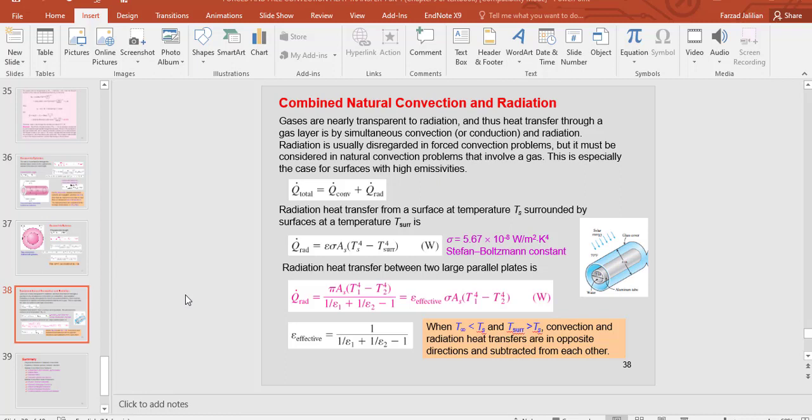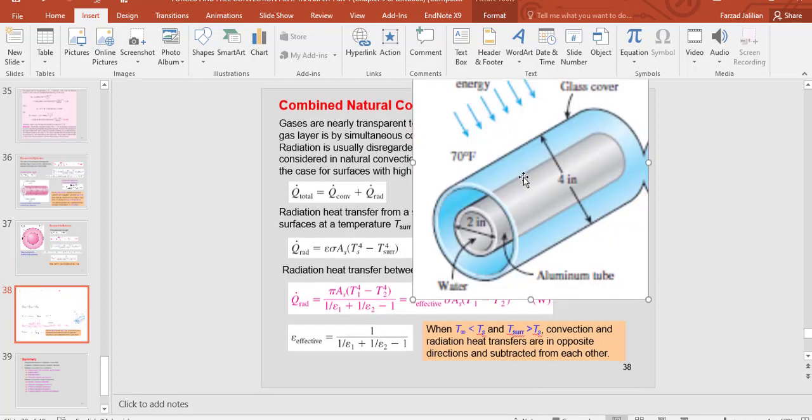And the final slide for today's session is this one, which is how to calculate the rate of heat transfer when we have a combination of natural convection and radiation. As you can see in this figure, let me make it bigger.